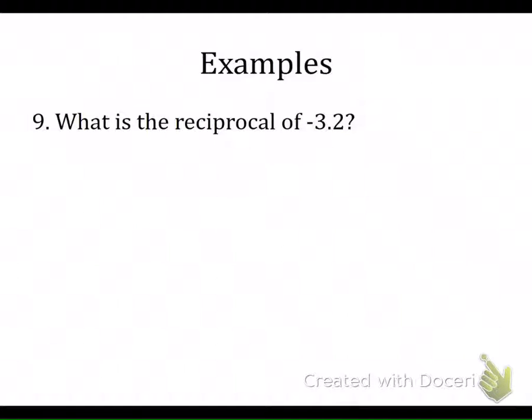All right, what are your ideas on this one? Turn it into a fraction. Does anyone know how to turn 3.2 into a fraction? Yeah, so you gotta think back to what you know about place value.